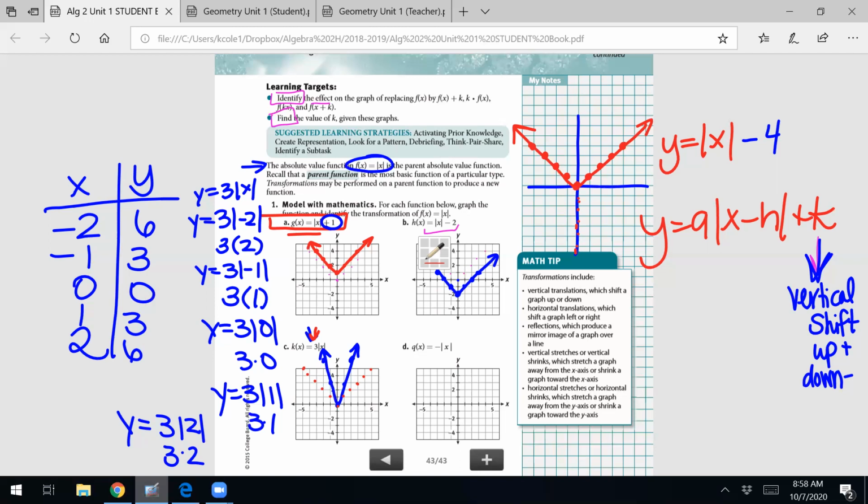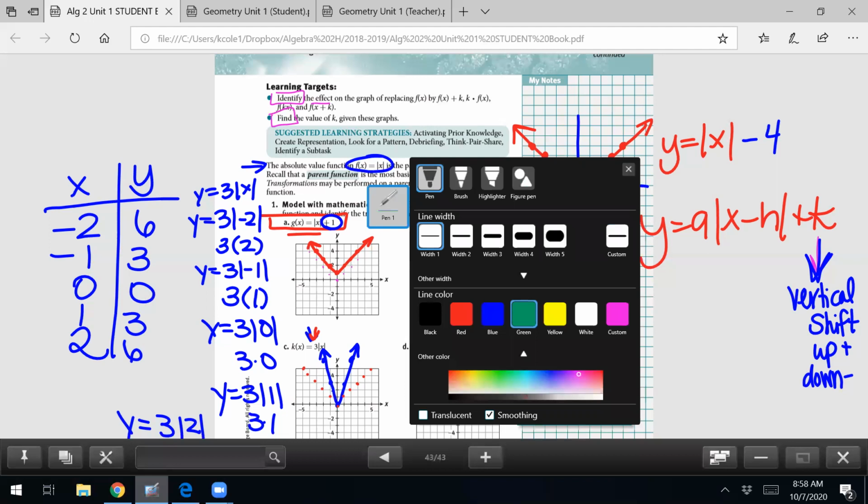That's like a bunny slope. Higher numbers make it steeper and more narrow. Smaller numbers make it wider. So if we were to have 1/2, let me show you. 1/2 would actually be the green one.